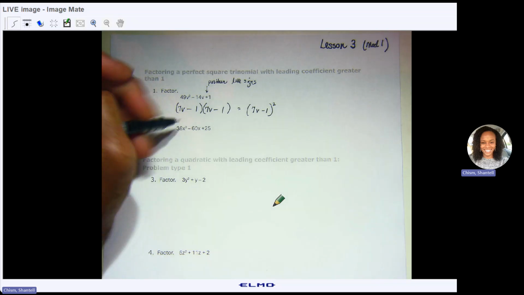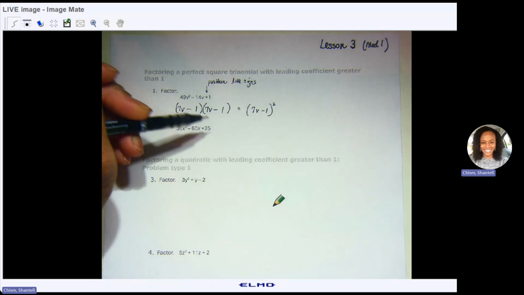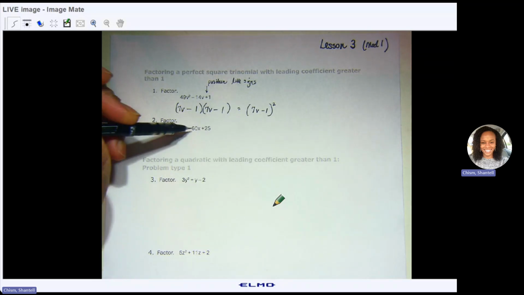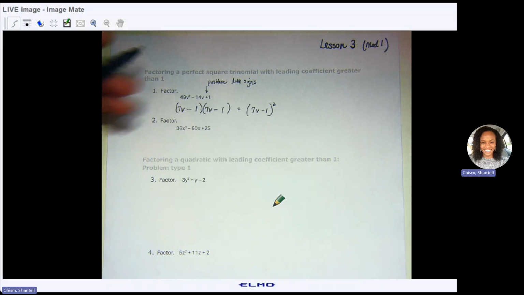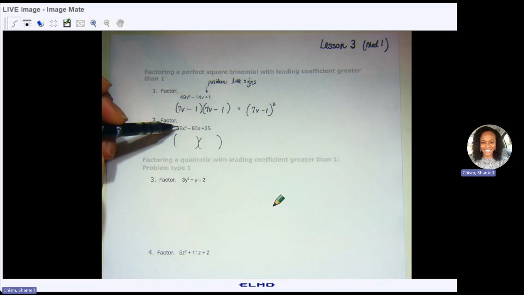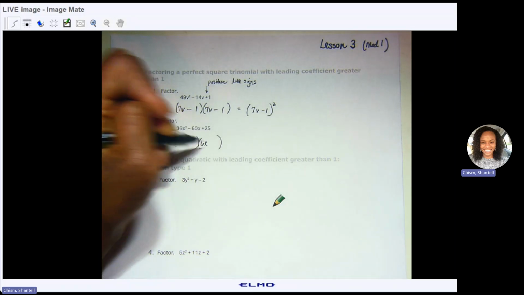So I'm going to go right into my binomial factors again here because, again, there's no GCF. 25 is not a multiple of 2 or anything, so I can't pull out any factors from all. So I go right into my binomial factors. I factor 36x squared as 6x and 6x. Okay?